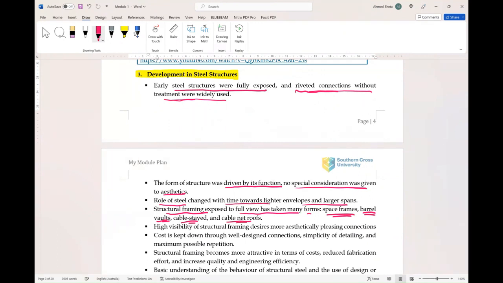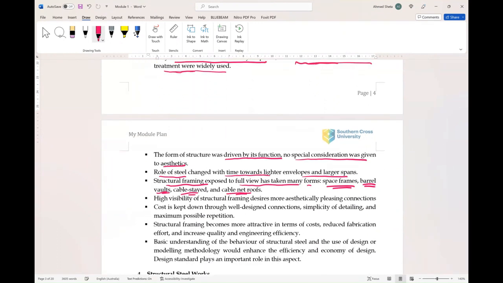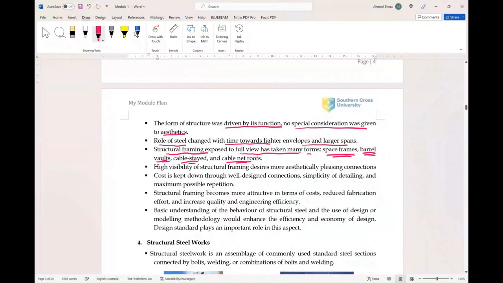So the structural framing has many advanced forms, like what I have given here: space frames, parallel vaults, cable stayed, cable net roofs, and suspension roofs.